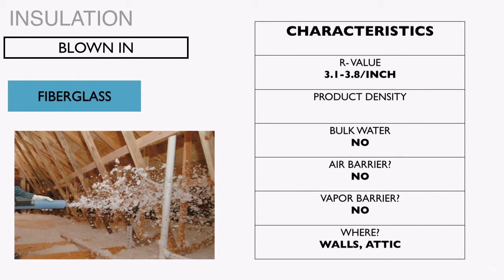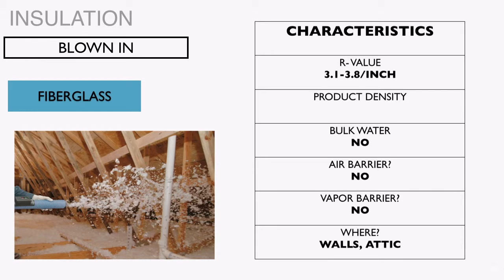So now we are coming up to the blown-in products or loose fill products. Fiberglass is very common, often the most economical choice. It has a varying range of R value per inch.